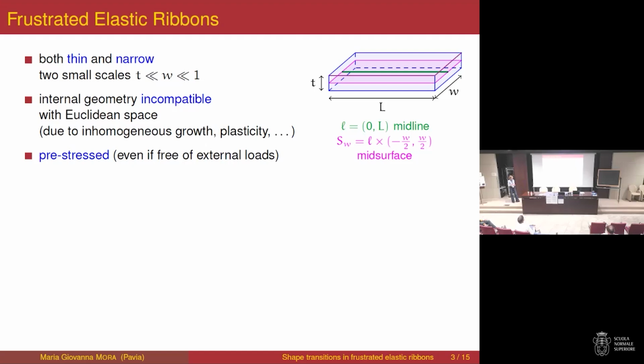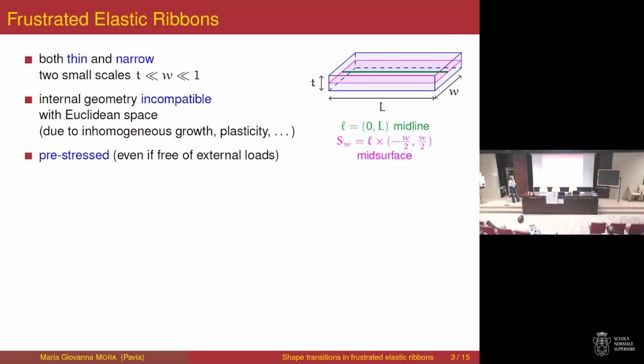What I mean is that locally there is a preferred configuration that the material would like to achieve, but all these local preferred configurations cannot be combined together in a single global deformation. So they are incompatible in this sense. This is what internal geometric incompatibility means.